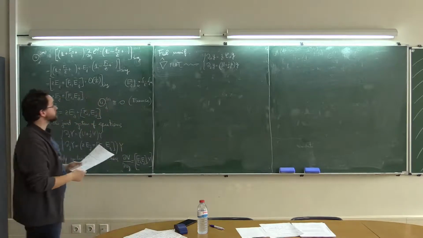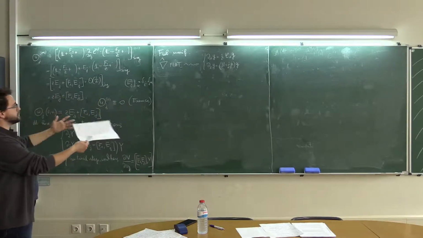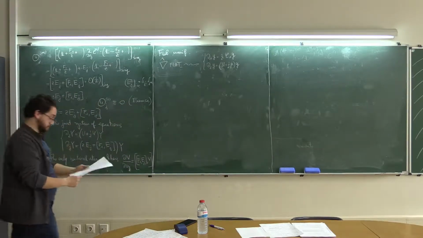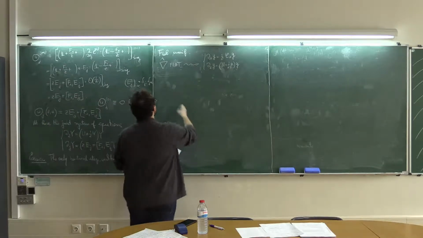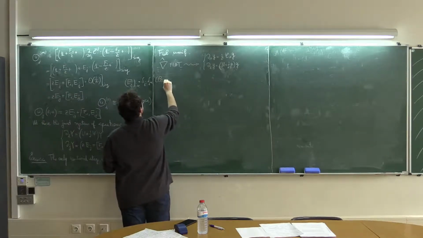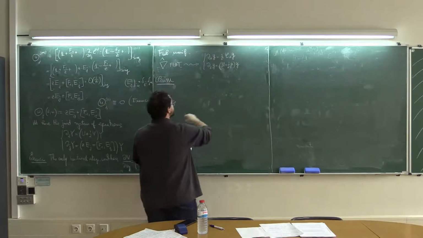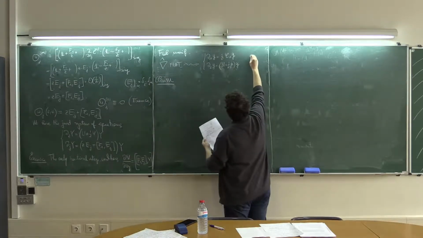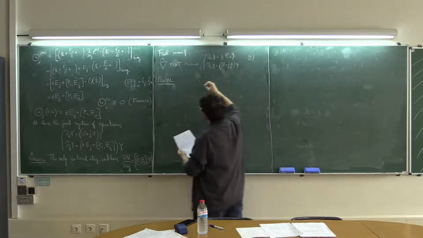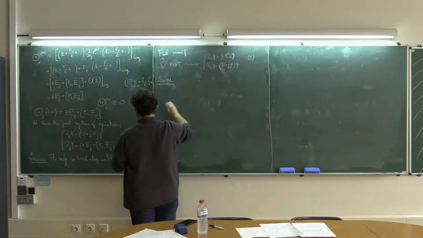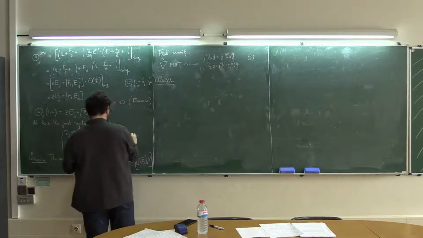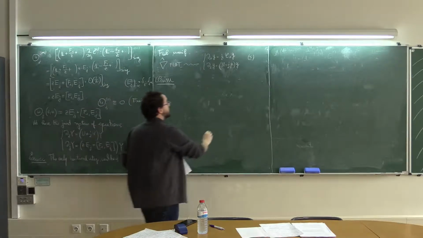So how to glue together everything? Well, I claim the following. Claim: this system 5, probably it's better to call this 5 and this 6.